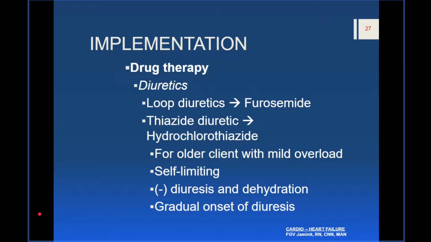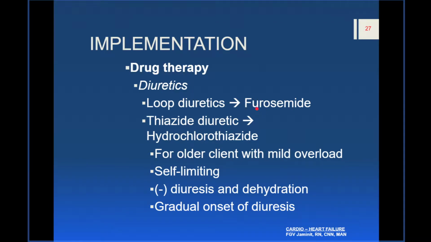With regards to drug therapy, we may administer, per order, diuretics, and there could be 3 types of diuretics that we can administer to your patient. This would be your loop diuretics in the form of furosemide.